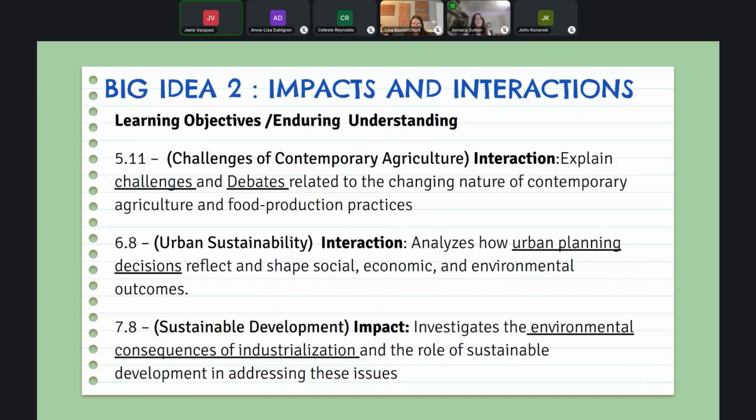And then also another impact, which is sustainable development, that LO investigates the environmental consequences of industrialization and the role of sustainable development in addressing these issues. So going over the LOs and telling them, okay, consequences, urban planning is an interaction, it just cements it. It makes it much easier for them to understand at the end of the day. Next slide.